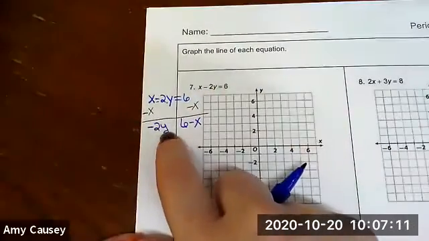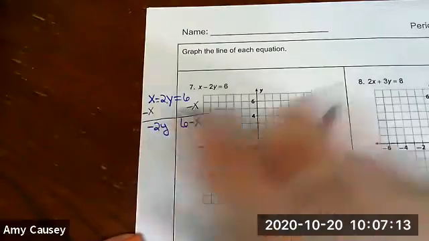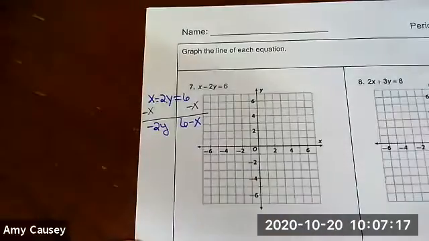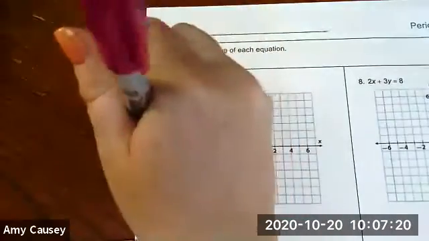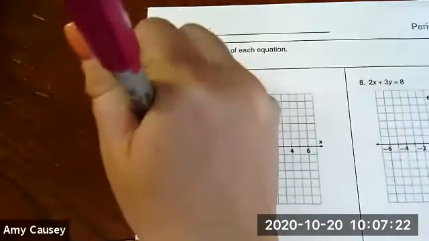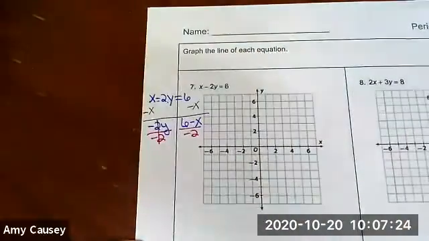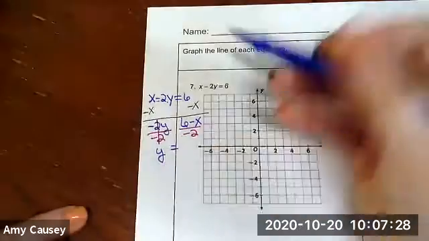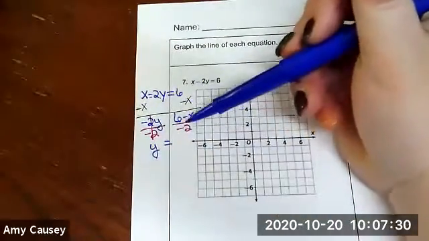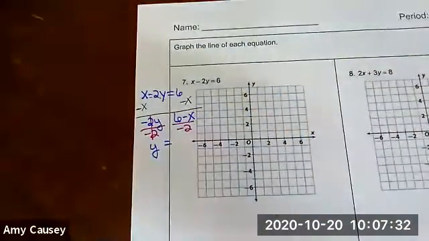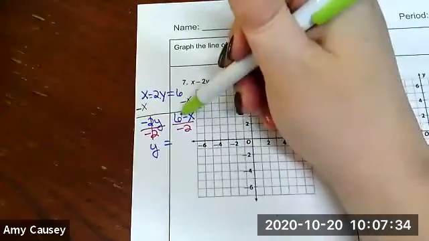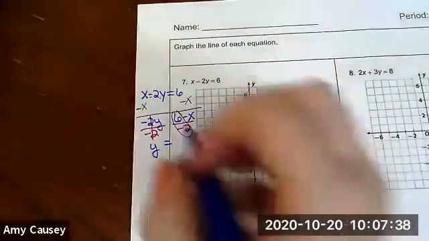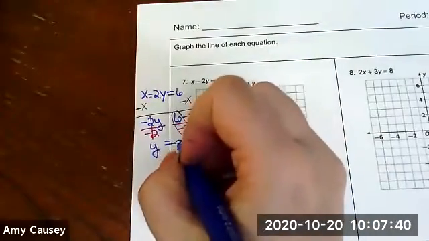Oh, the only thing keeping us from that y being by itself is that -2 that's attached. So when you want to get that y by itself, you divide. So we're going to divide both sides by -2. Now here, this might look confusing, but essentially what you're doing is dividing 6 divided by -2, which is -3.